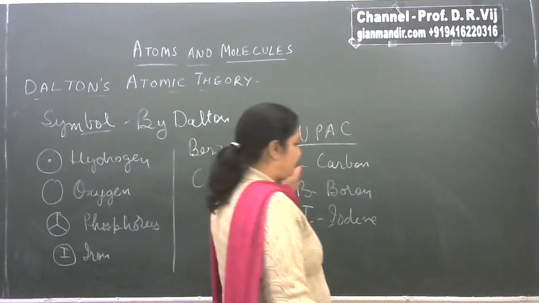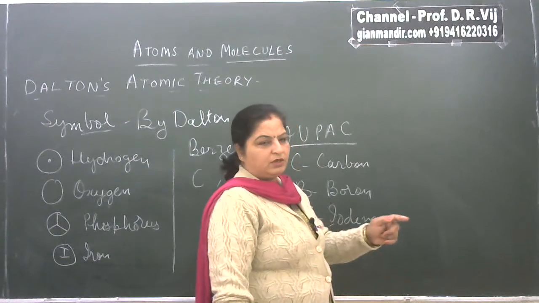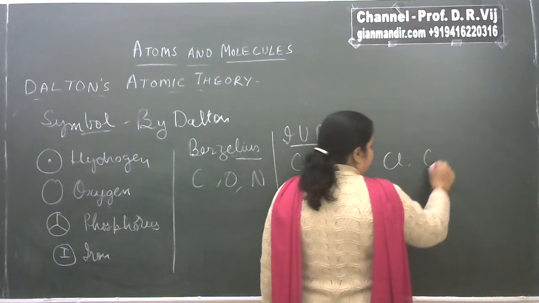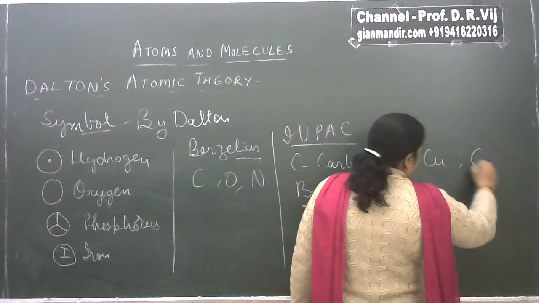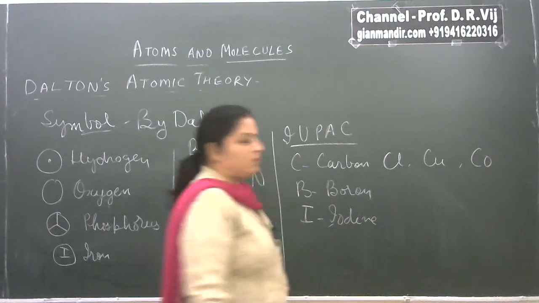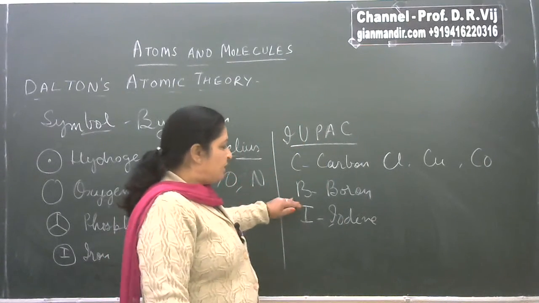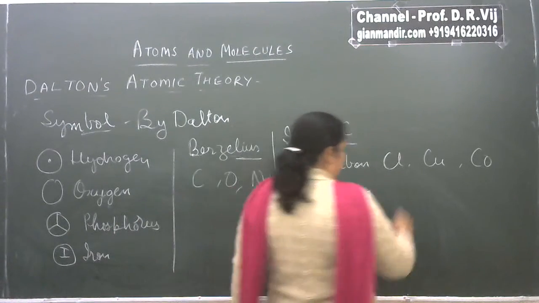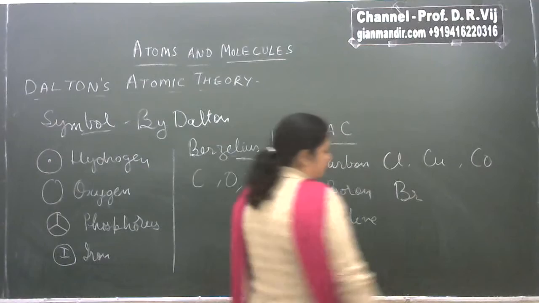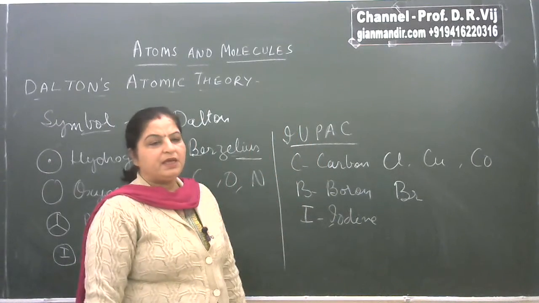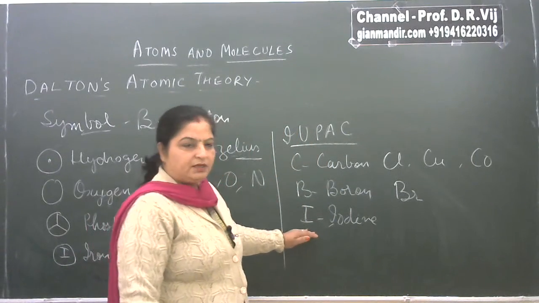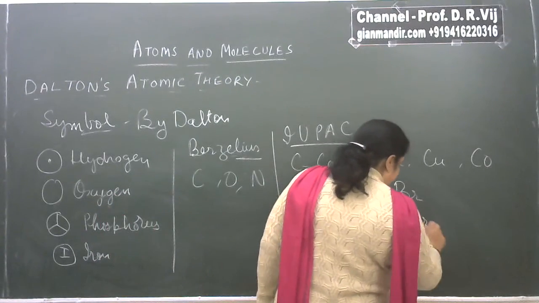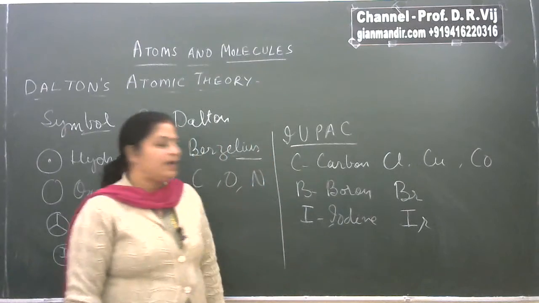For example, carbon, chlorine, copper, cobalt all start with C. So for chlorine it is Cl, for copper it is Cu, for cobalt it is Co. Boron has symbol B, and bromine is given the symbol Br. Iodine is I, and iridium has the symbol Ir.